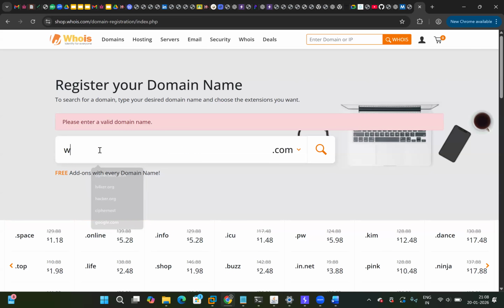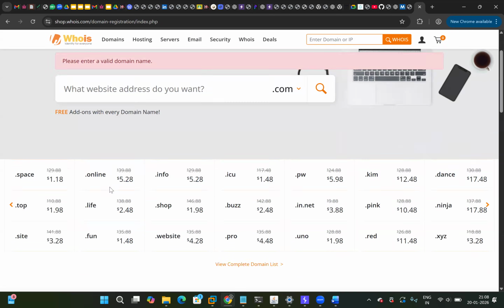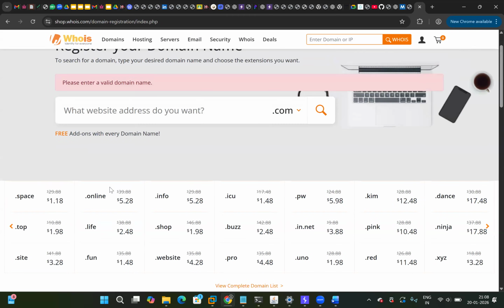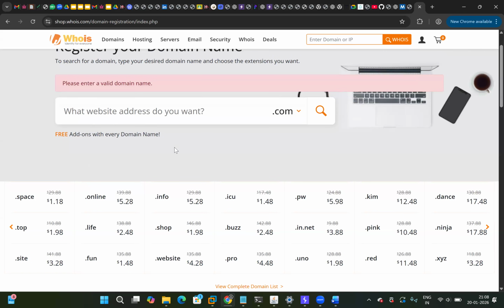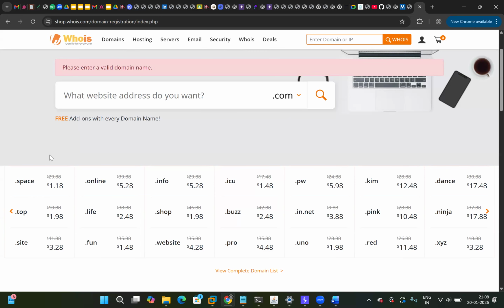Okay, this is currently not available for google.com, but there are a few other domains which are available. So it is showing that information.